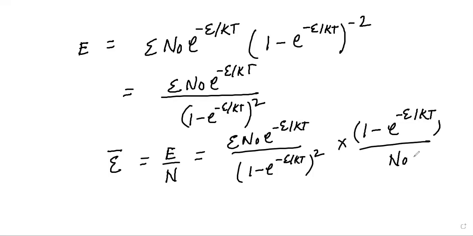Then you cancel whatever can be cancelled out. So you can see this 1 minus e to the power minus E by kT, and here you got a square, so you can cancel this, you can cancel this N0 with this N0, right? And write the remaining value.